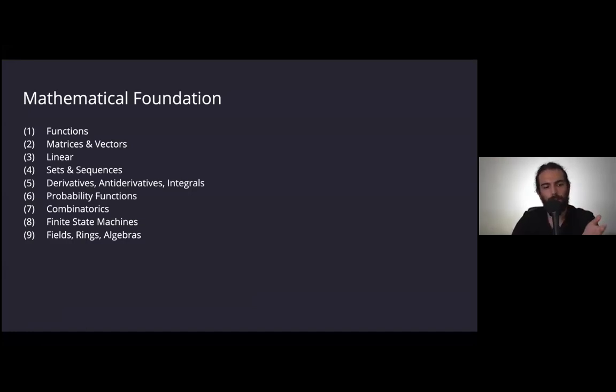If I could create a short list, it would be this. First and foremost, functions, because as a data scientist, you are modeling data, and functions are very important in modeling. You need to know different types of functions: polynomial functions, trigonometric functions, basically linear and nonlinear functions.